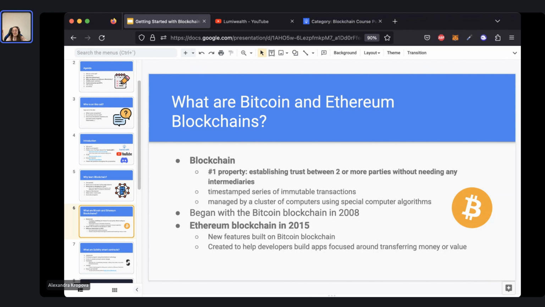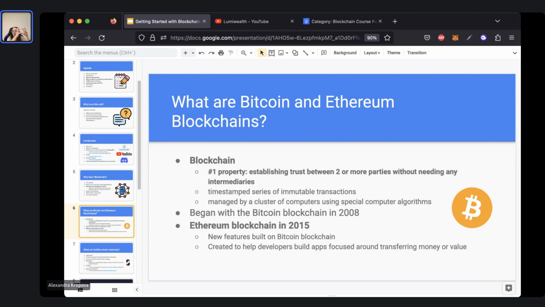And so that is the number one reason that this technology is so interesting and useful and important, because it eliminates these third parties, and trust can be established between two people or two companies that have never met, never talked to each other. They're just looking at the code that lives on the blockchain, and they're just trusting the process.